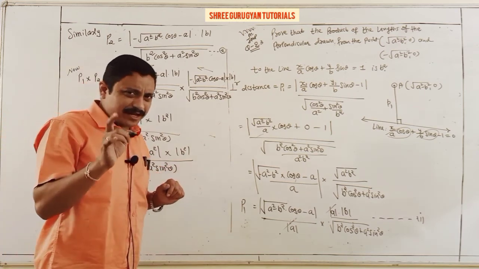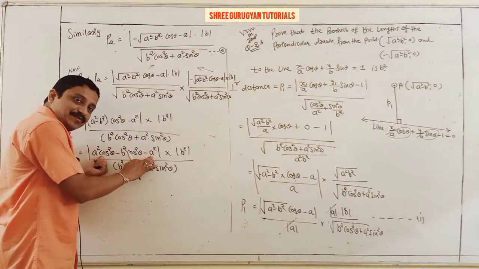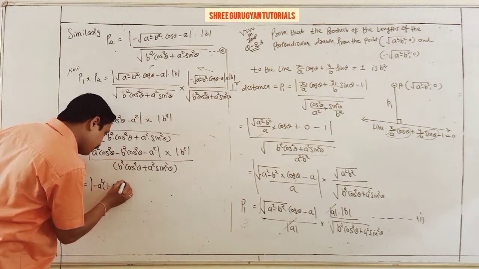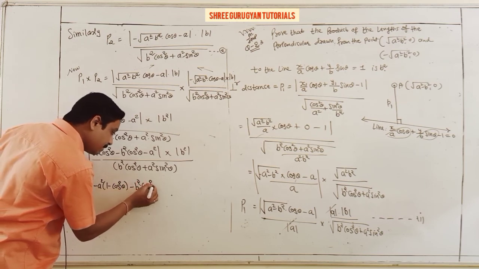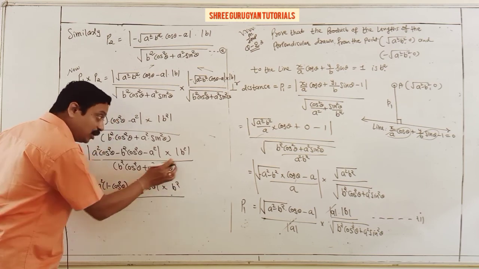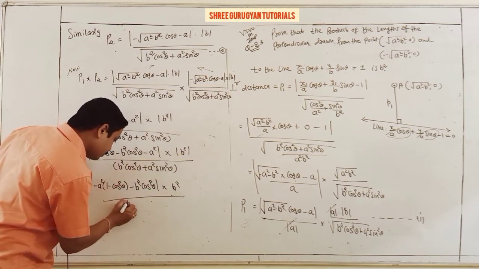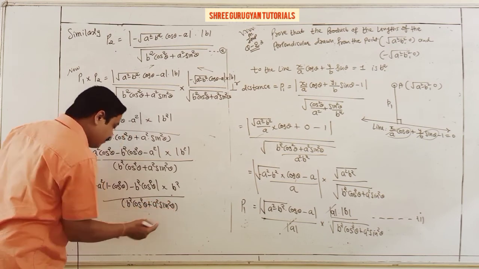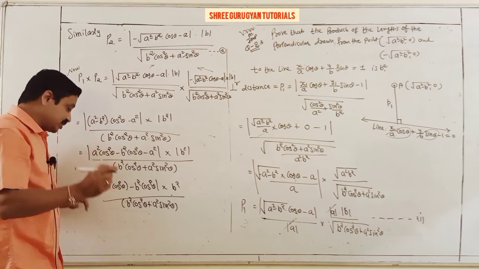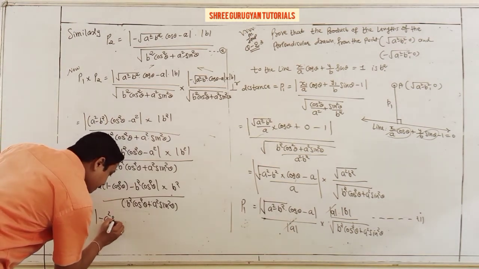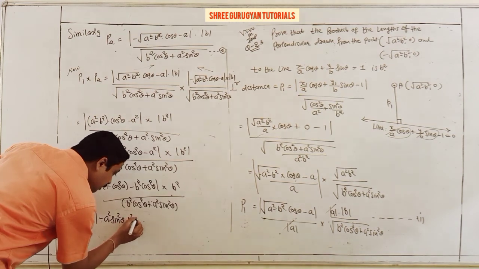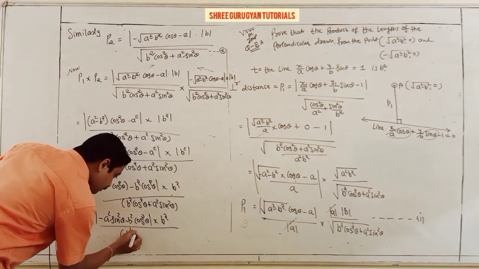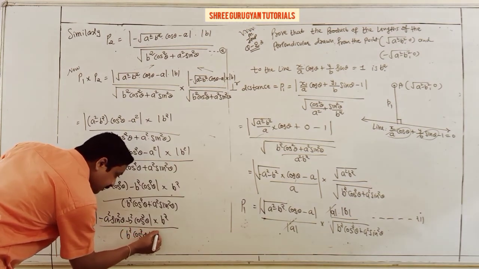So if you rearrange here a square cos square and minus a square, you will take common minus a square, 1 minus cos square, and the same as b square cos square. This b square is the same, because modulus and square it is positive, and similarly. Definitely this and this data cancel if you arrange one more step. Here minus a square sin square and minus b square cos square into b square by b square cos square a square sin square.